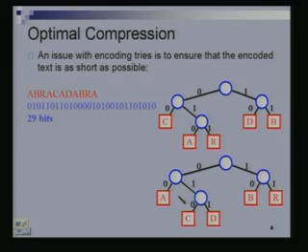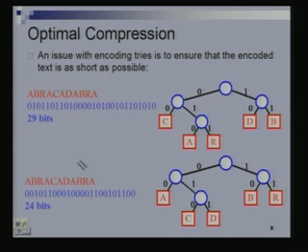So this will have less than 29. We are saving on R also. So this you can check will require 24 bits. So we have to design this in such a manner that the number of bits required is as little as possible.